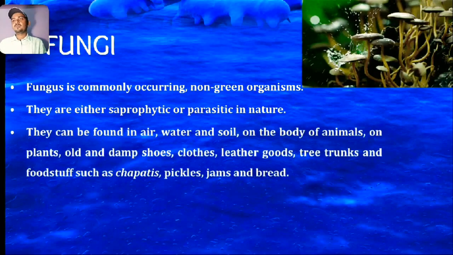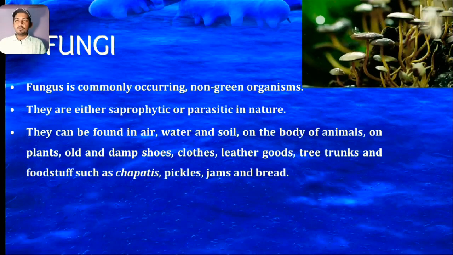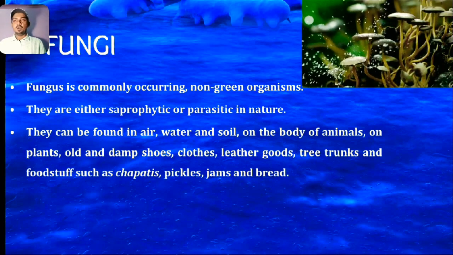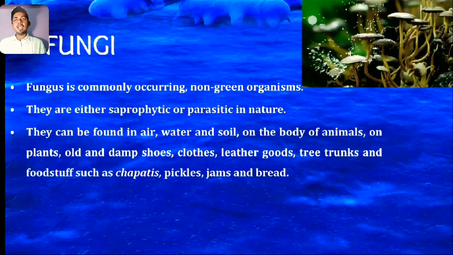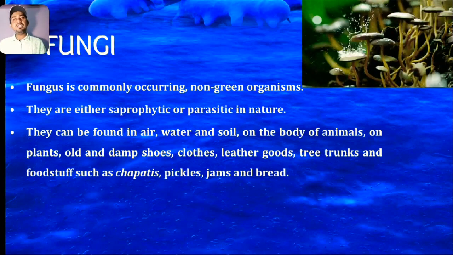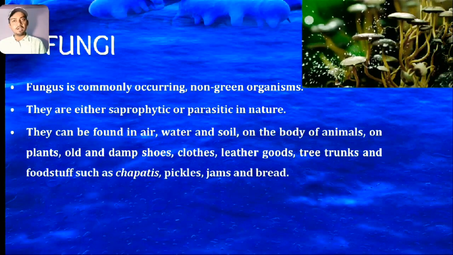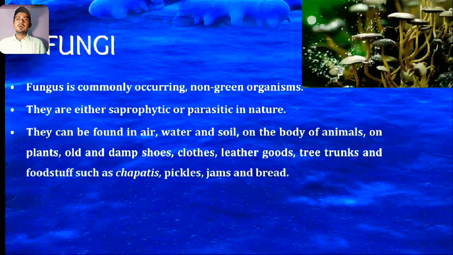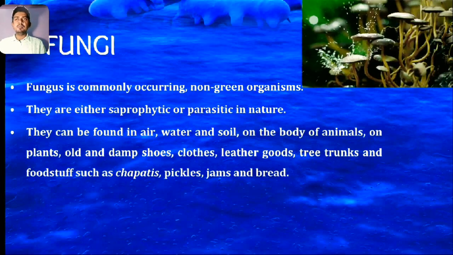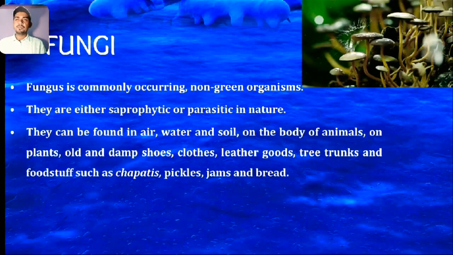Fungi can be found in air, water, and soil, on the body of animals, on plants, on old and damp shoes, clothes, leather goods, tree trunks, and foodstuffs such as chapati, pickles, jam, bread, etc. These are some favorable places for fungi to grow.